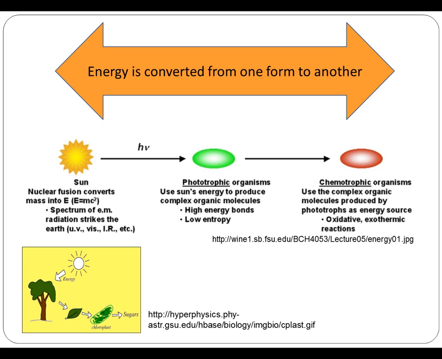Once these phototropic organisms produce nutrient molecules like glucose or starches, then other organisms such as yourself, described here as chemotropic organisms, can consume that food source, if you will, and continue to convert it into nutrient sources. So we're all just interdependent upon phototropic organisms. If there were no photosynthetic organisms here on Earth, what would happen?